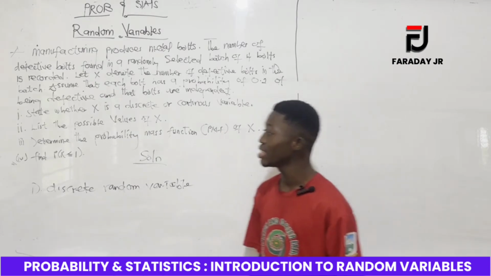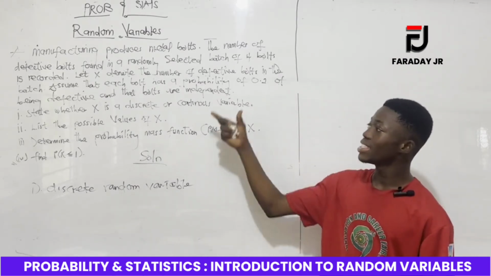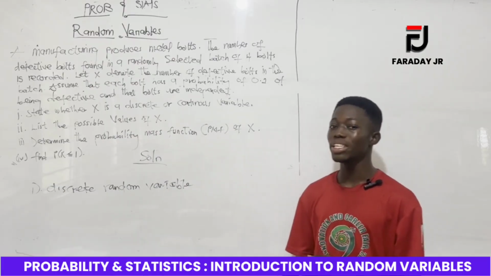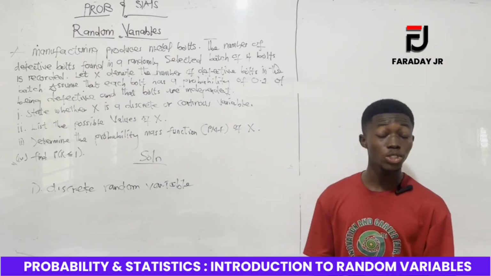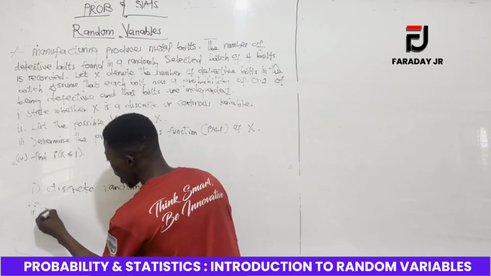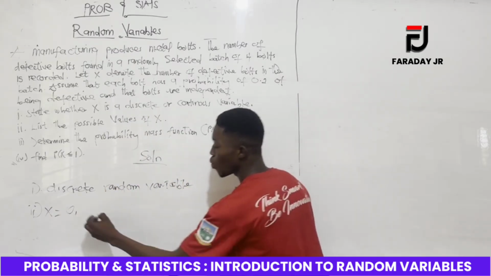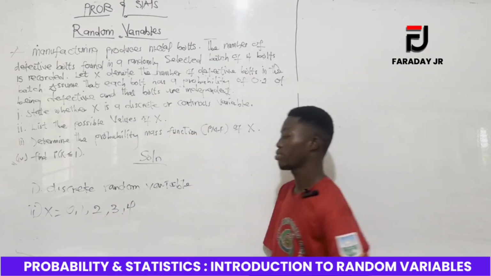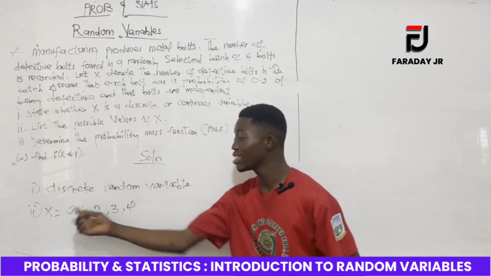II is saying list the possible values of X. X just represents numerically the number of defective bolts out of 4. So for II, X can take values 0, 1, 2, 3, and 4. These are the possible values X can take. And why is X taking 0?